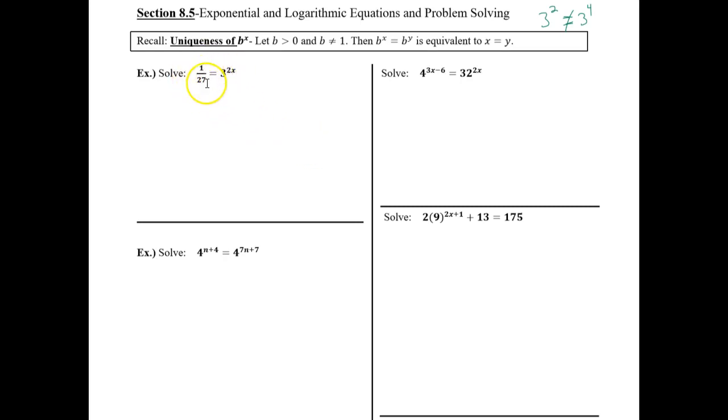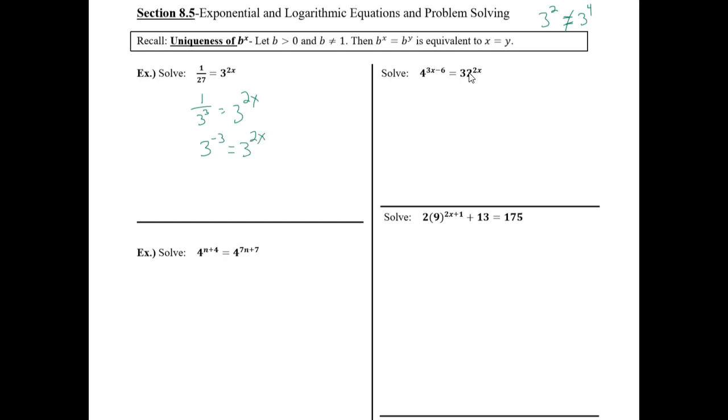In this example, I know that 27 is the same thing as 3 cubed. And then to get it out of the denominator, I have to take the reciprocal, which means that exponent would become negative, because negative exponents take the reciprocal.